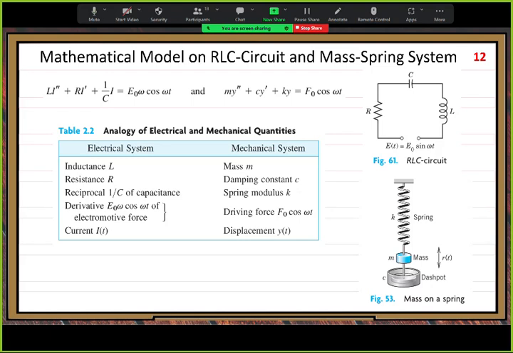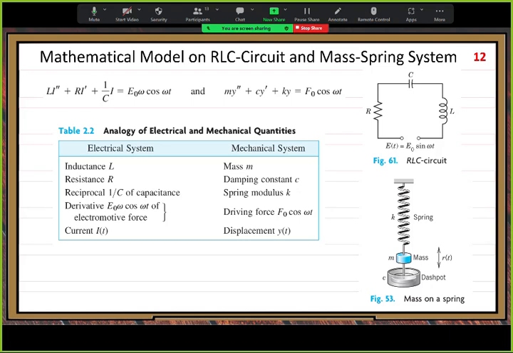And reciprocal 1/C of capacitance corresponds to spring modulus K, the spring constant. In Hooke's law, we use that K constant. Then derivative: in order to get I, we need to take a derivative.